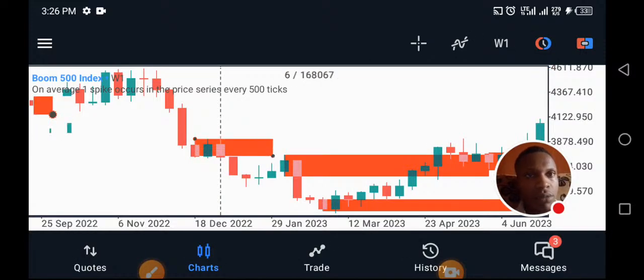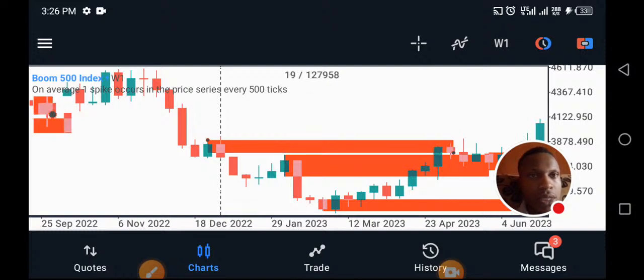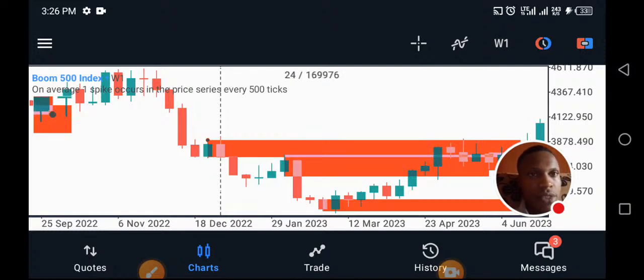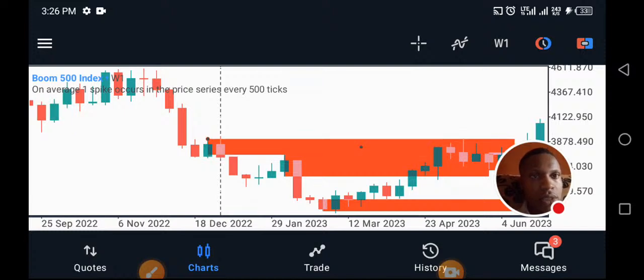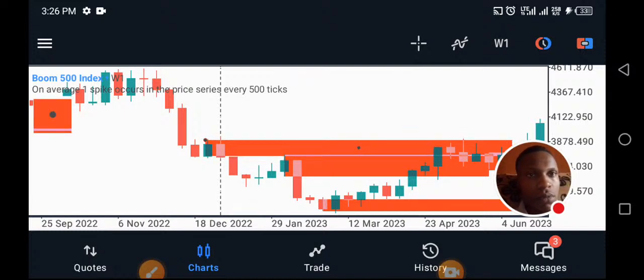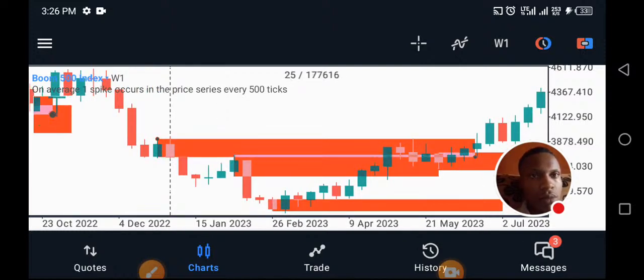Here we have an order block here. So anywhere you see the last buy or sell candle before it moves, guys, that is our order block.